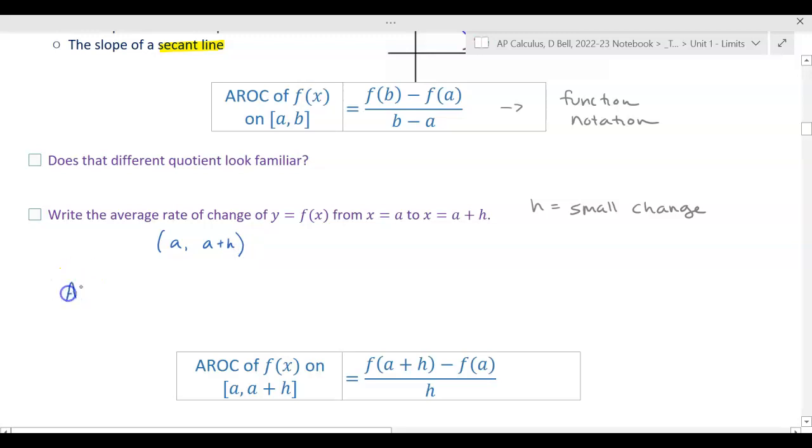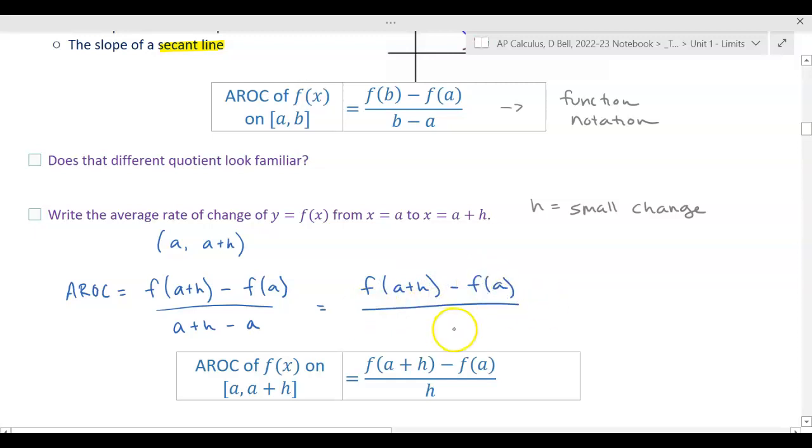So the average rate of change is going to be f of a plus h, the y value, minus f of a, the other y value, over a plus h minus a. Now we can simplify that, because in the denominator the a's cancel, and we just have h, that small change from a to a plus h.